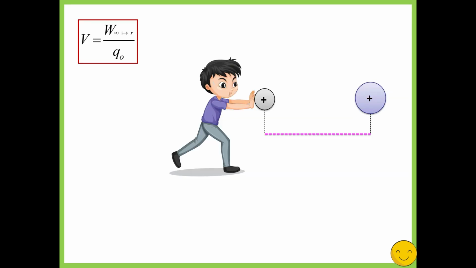Let us explore more about the electric potential. Imagine we have a situation. This is Ali. Imagine Ali wants to push this test charge towards a point charge. When he pushes the test charge towards the point charge, Ali is actually doing work.